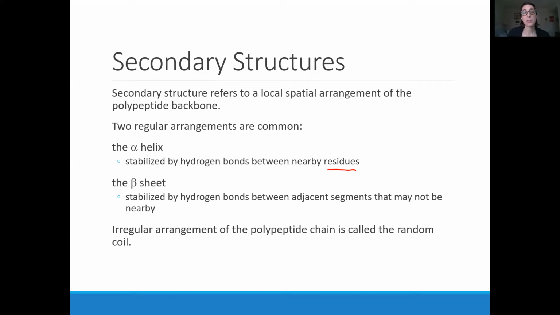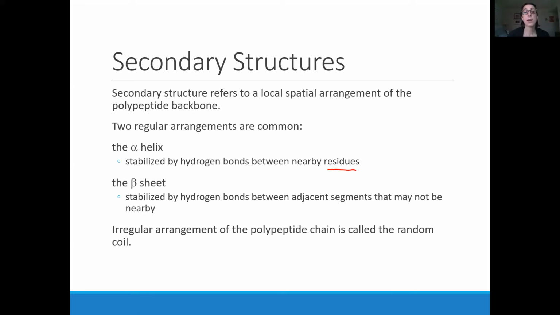These hydrogen bonds are between adjacent segments. So the amino acids might be very, very far away from each other if you were to look at the primary code, just the sequence. They might actually be amino acid number 5 and amino acid number 100, but they're stabilized by these hydrogen bonds that hold together those strands.